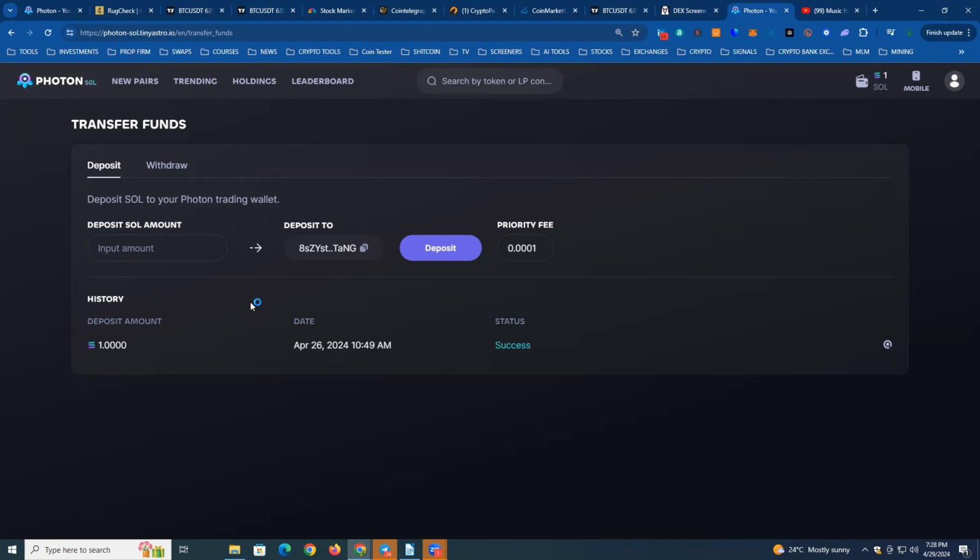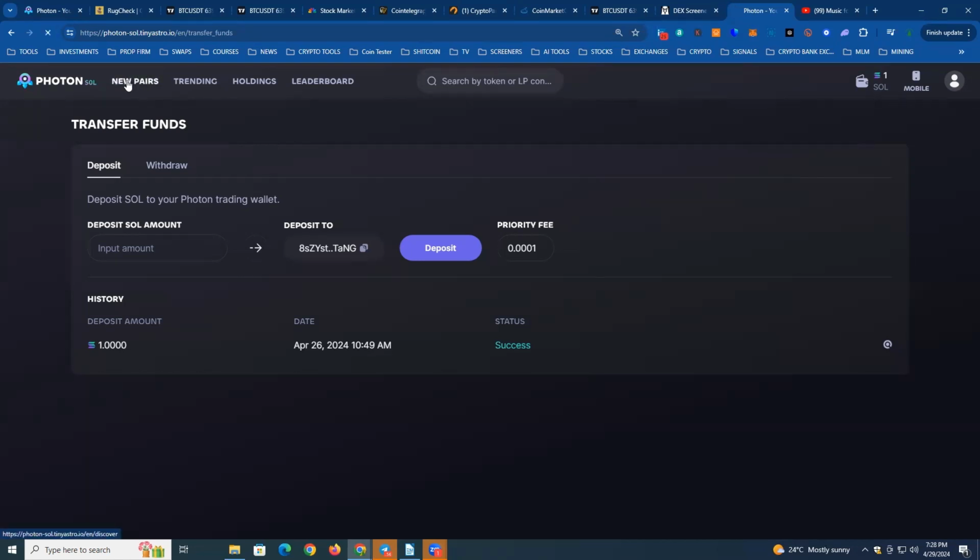Now, what this does is it makes the trading money that you're using available to you to readily trade any coin that you have researched and done your due diligence on, so as to ensure that you can enter and exit trades consistently.